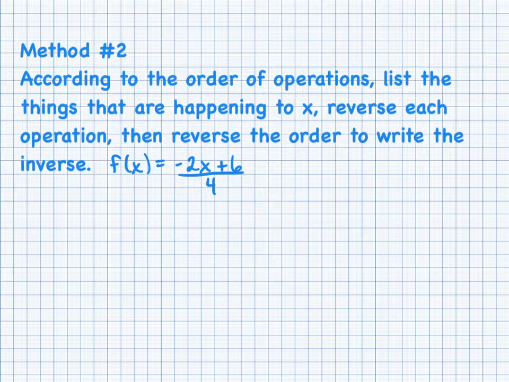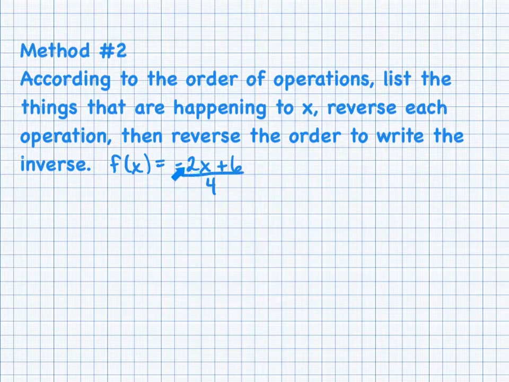Second method, which a lot of people tend to prefer, has to do with listing the steps that are happening to x, and then reversing the order. So first, I've got my x.